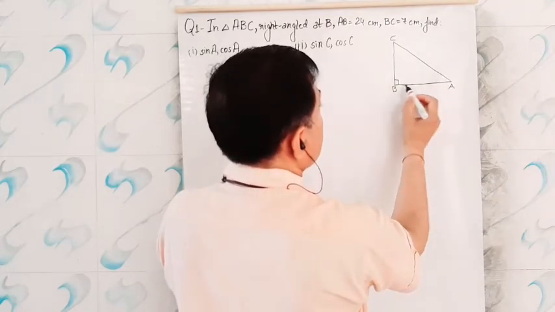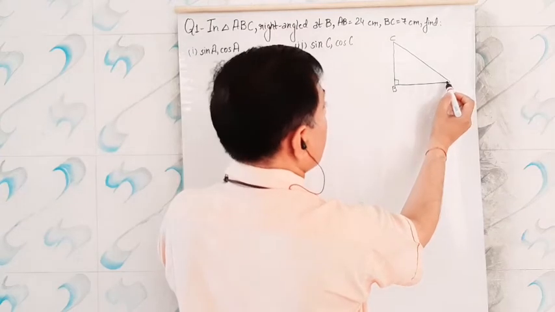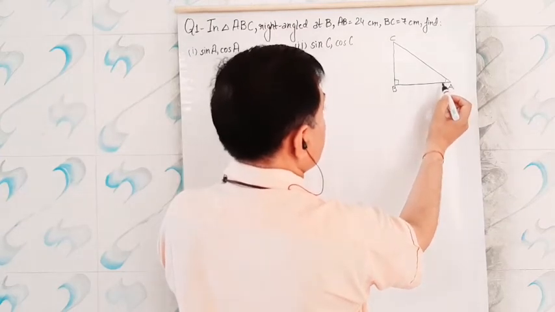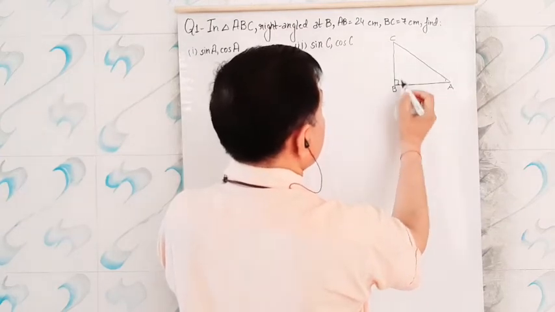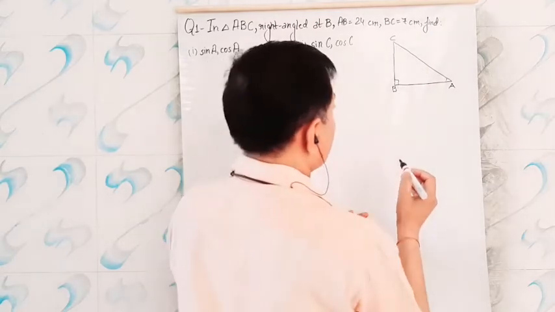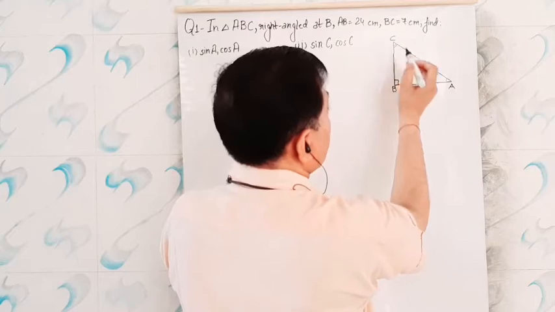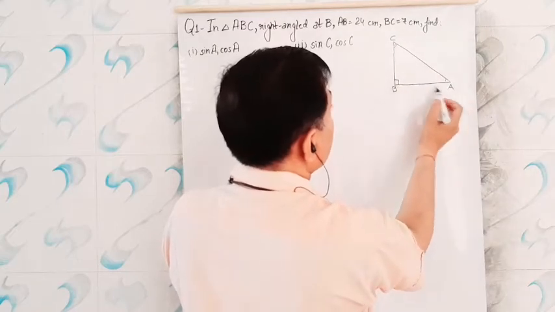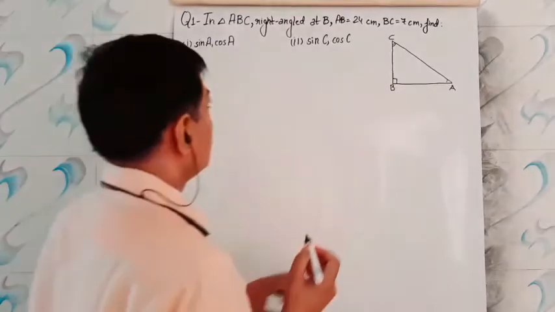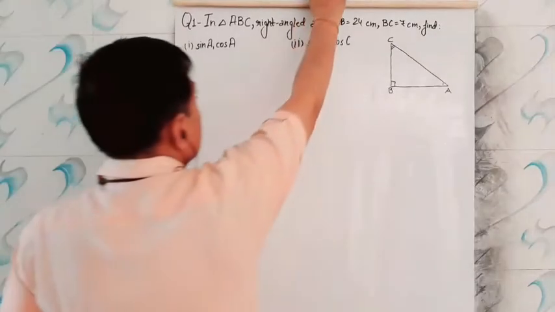The base, if you are taking angle A, will be AB, and BC will be the perpendicular. And when you are taking the angle C, AB will be perpendicular and BC will be base. According to that we have to do.